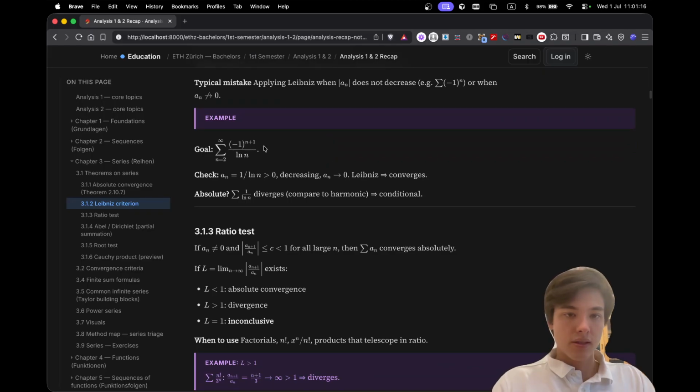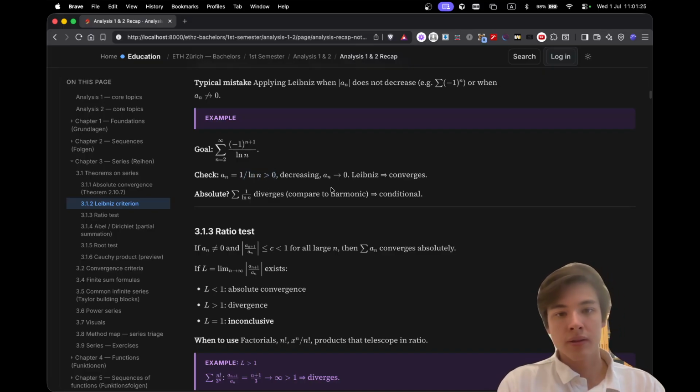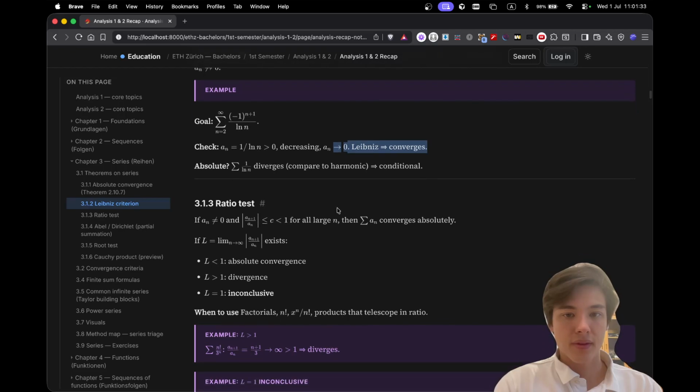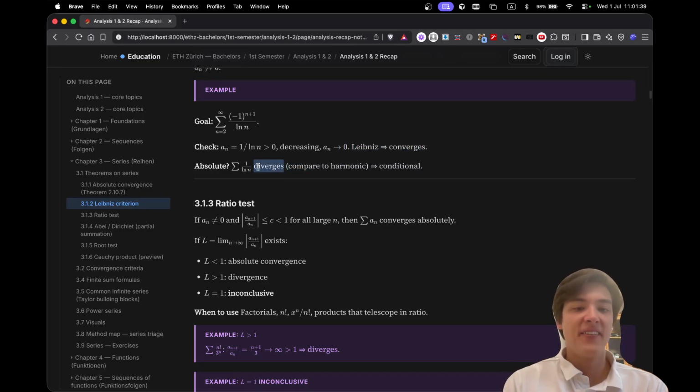Let's see this 1 over ln. We know that this one decreases. Sign changes, so it converges.